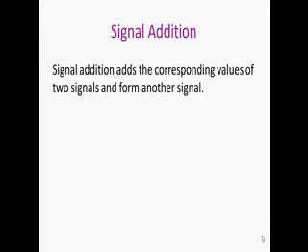Signal addition. Signal addition adds the corresponding values of two signals and forms another signal. For example, if x1 of n and x2 of n are the two signals, then y of n is the third signal, which is obtained by adding the corresponding values of x1 of n and x2 of n.